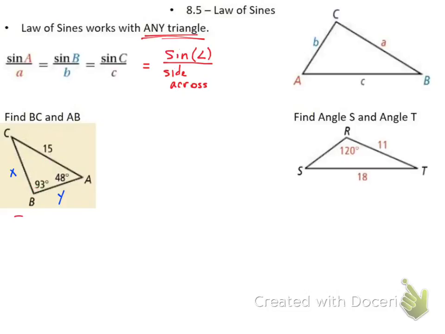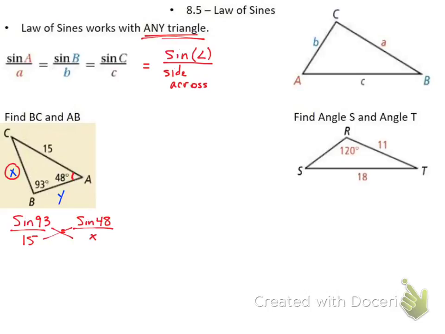So I can go sine of 93 over top of the side that's across from it, which is 15, is equal to, and then, if I want to solve for X here, I'm going to use the angle that's across from X, so I'm going to go sine of 48 over top of X. And so I can go ahead and cross multiply.